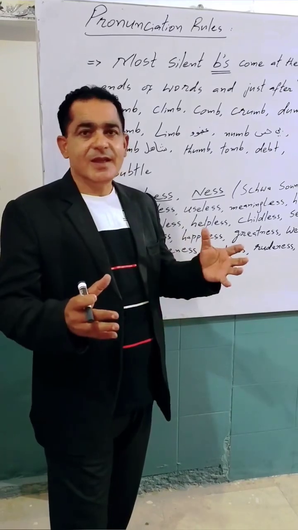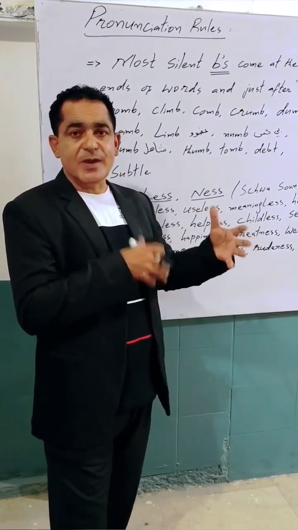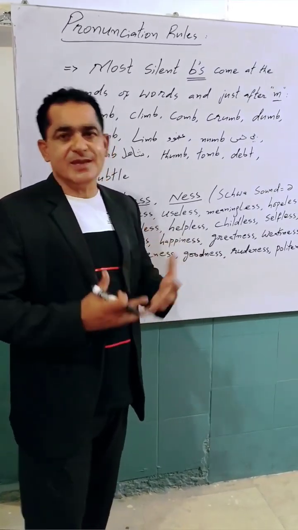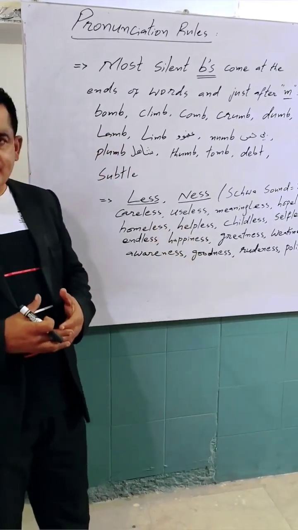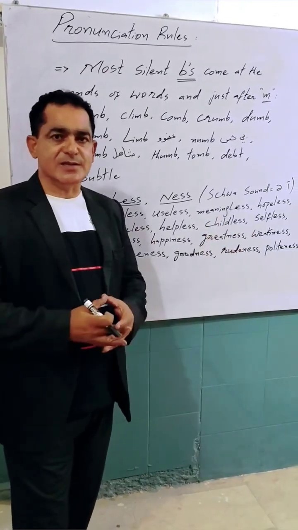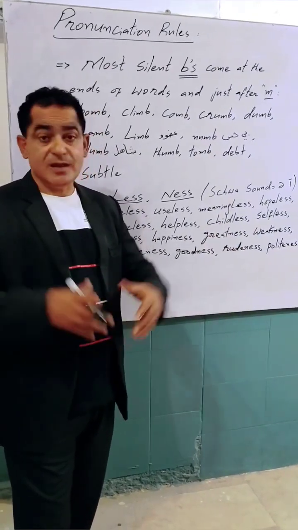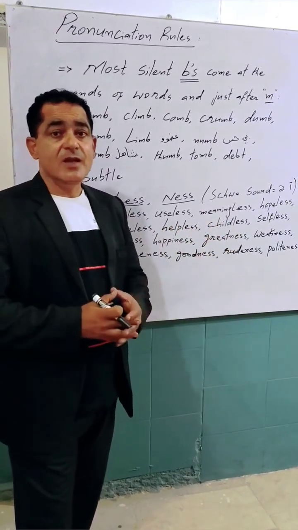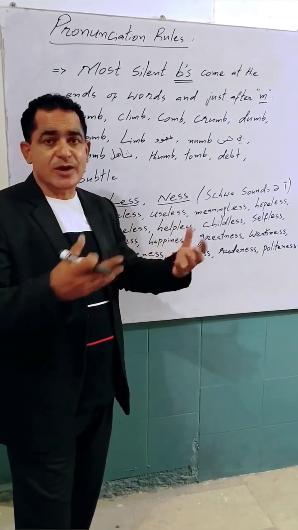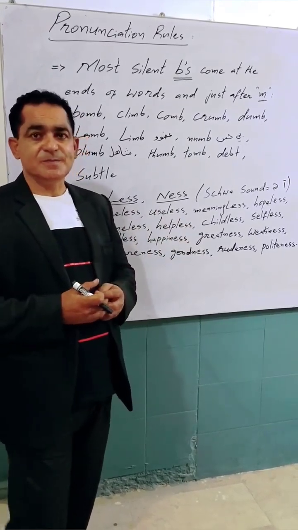When we look up their pronunciation in any dictionary, as far as phonetics is concerned, there are 26 letters in the English alphabet. You all know very well, 5 of them are vowels, and the remaining 21 are consonant letters.